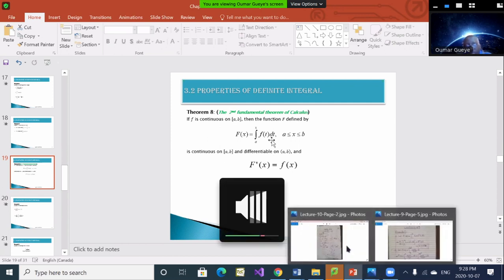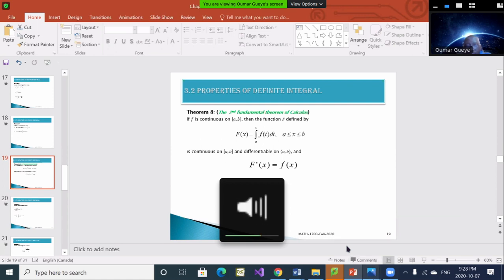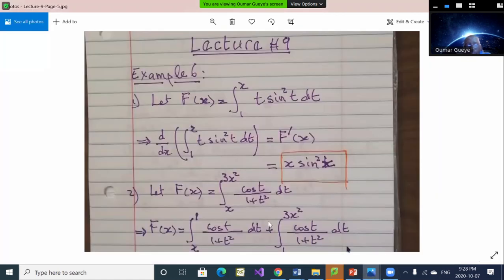In our example, f of t is exactly equal to t sine square t. The theorem says calculating this derivative, f dash, based on what I called F at the beginning, means you take the function inside, f of t, and substitute the t by x.